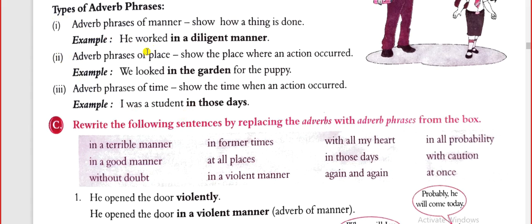Now, types of adverb phrases. One thing also. The adverbs are many, but you have to focus on those adverbs which are there in your chapter, which are mentioned in your grammar book. You need not study extra. जो बेटा आपके चैप्टर में, आपकी किताब में, मास्टरिंग ग्रामर में मेंशन है, आपको बस उसी पे अपना दिमाग लगाना है, उससे ज़्यादा नहीं. ठीक है? क्योंकि हर क्लास के लिए सिलेबस थोड़ा अलग है ना?